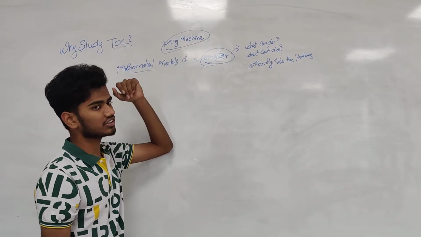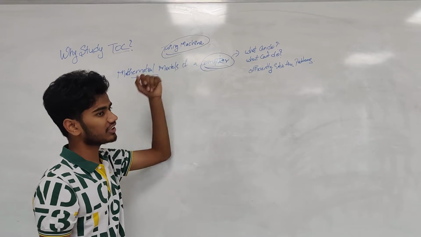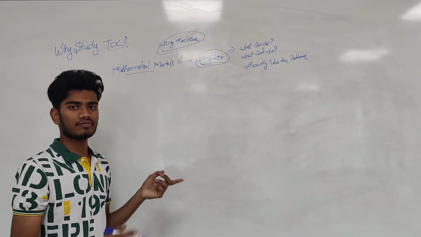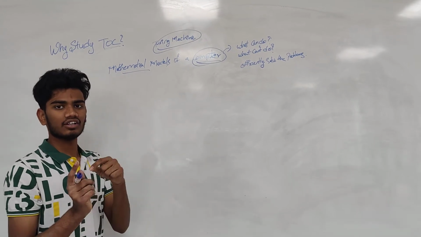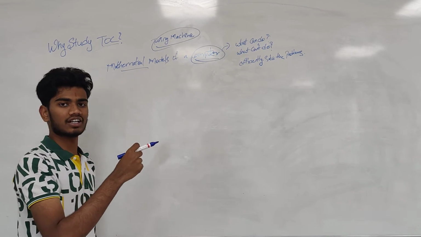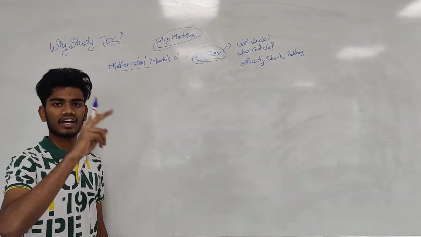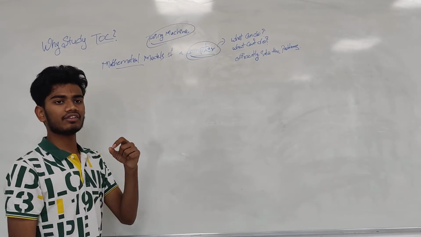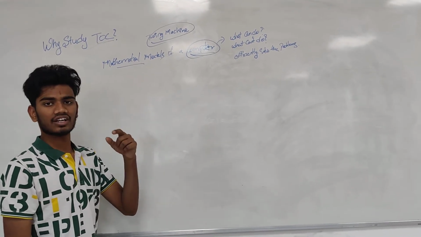And this machine was invented during World War II. During World War II, Germans were attacking England, so the messages or the codes were passed through radios or through air media. The commander of the Germans was Hitler.